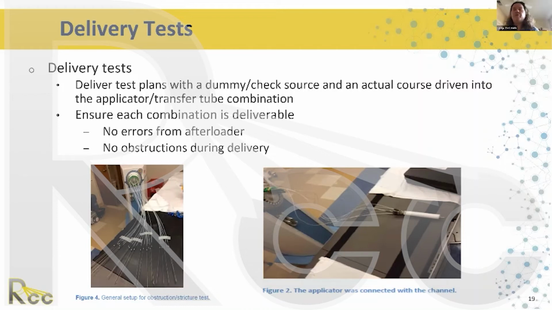It's probably from use. The channel 7 connector from transfer tube to my afterloader went bad. The afterloader was not able to detect the transfer tube that I put into channel 7. So I had to take that channel out from planning and call in the service engineer.